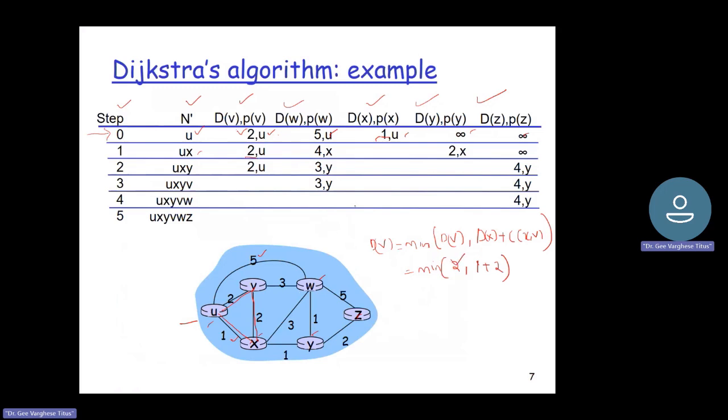So you're going to retain 2, and the predecessor node is via U itself.